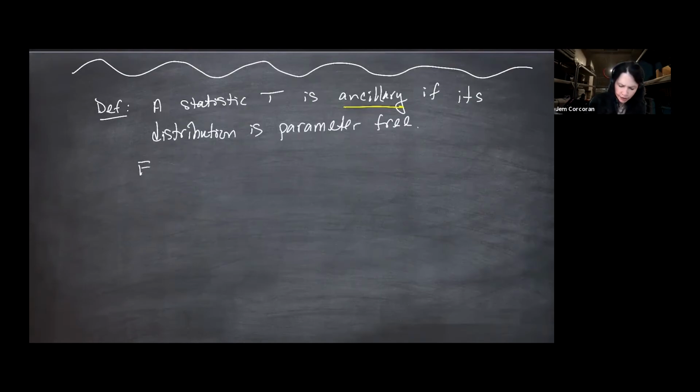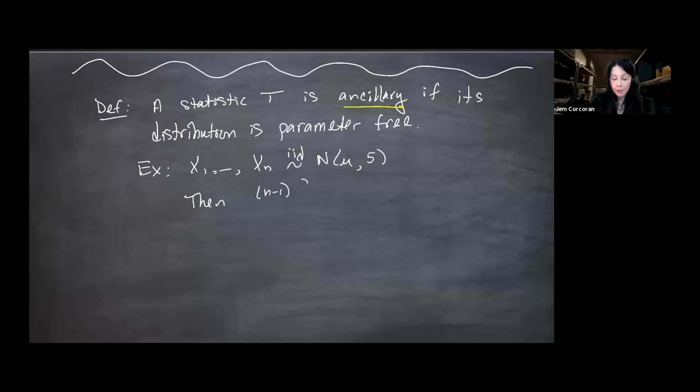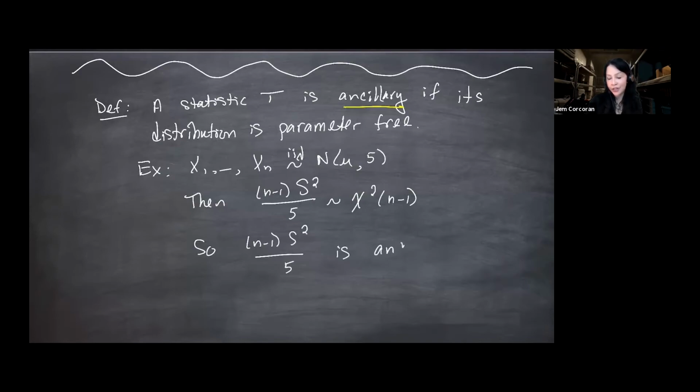As an example, let's take the normal distribution, X1 through Xn, IID normal, mu, and let's fix the variance at 5. Then n minus 1 times the sample variance s squared over 5 is chi-squared n minus 1. So n minus 1 s squared over 5 is ancillary.